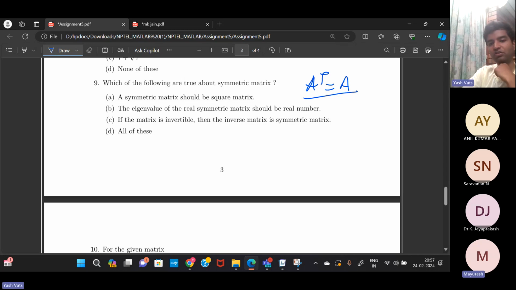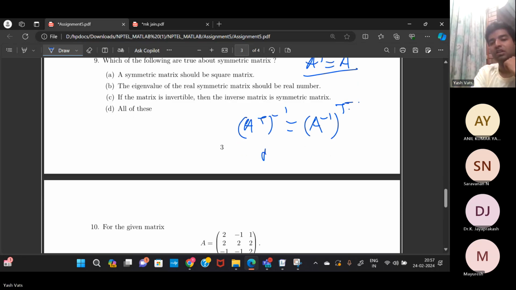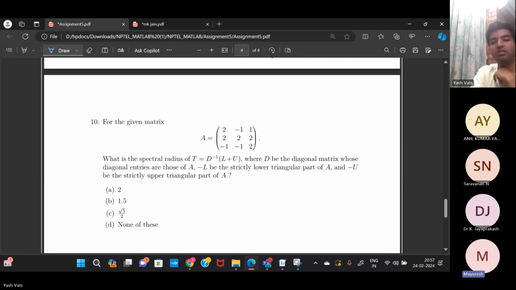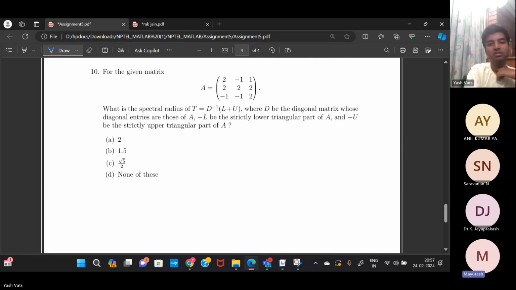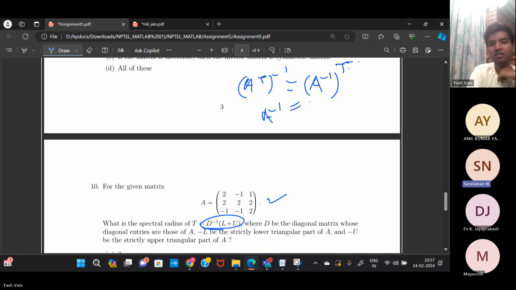Is option C true or not? What is A transpose inverse? Is it A inverse transpose? Yes, I think so. So all of these are true.